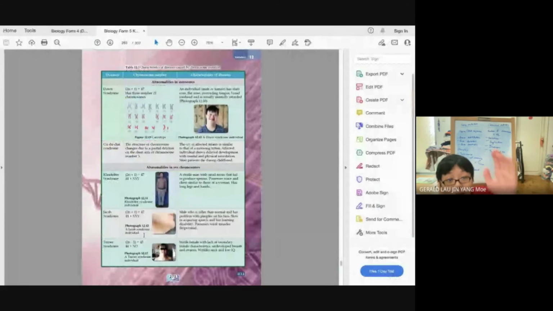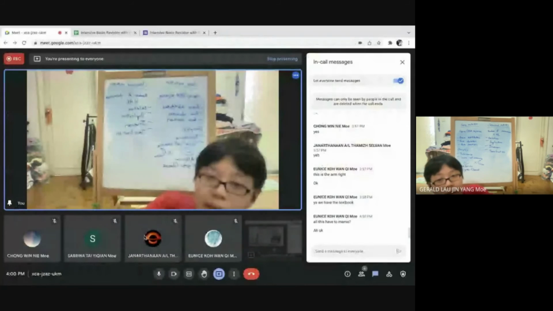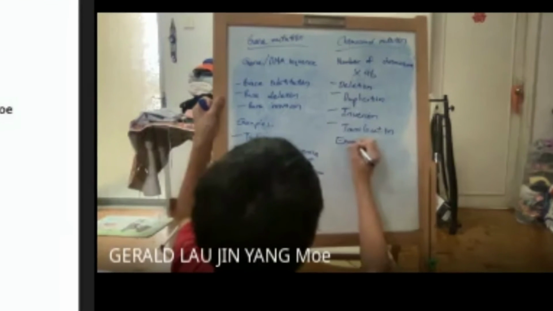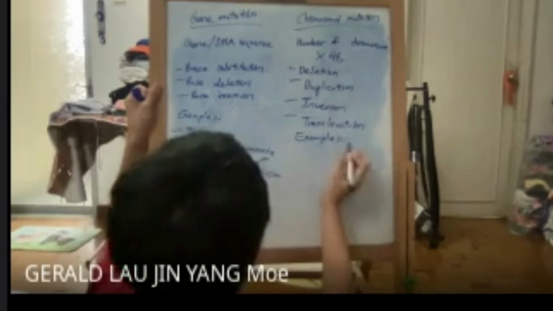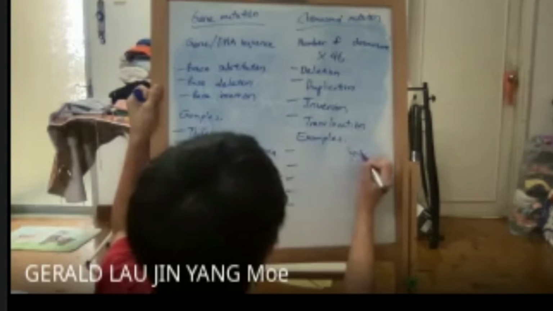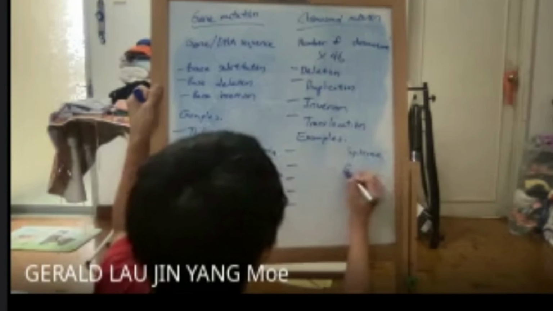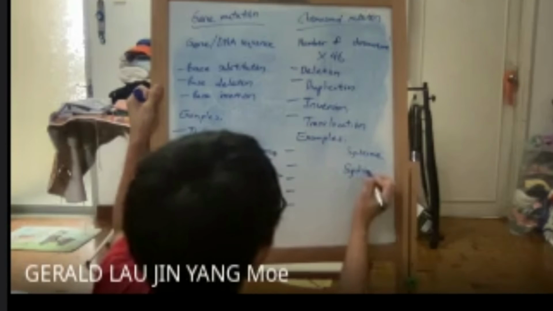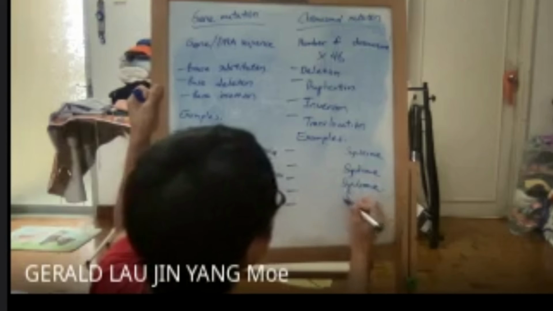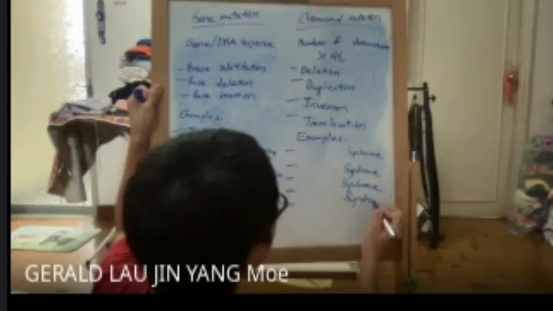Okay. Listen very carefully. Chromosomal mutation confirm example dia ada syndrome. Syndrome punya word. You tengok ada syndrome, confirm you tak akan pilih gene mutation lah.